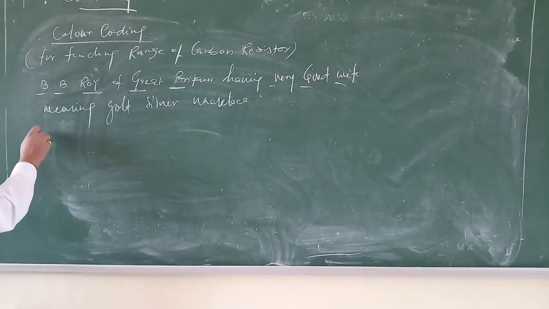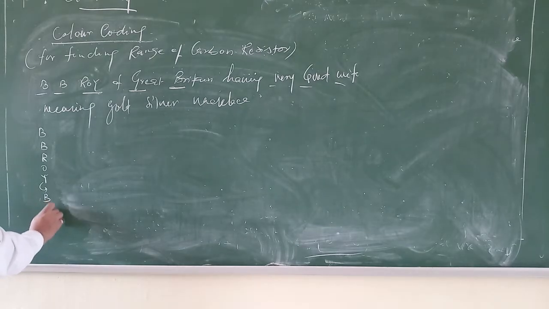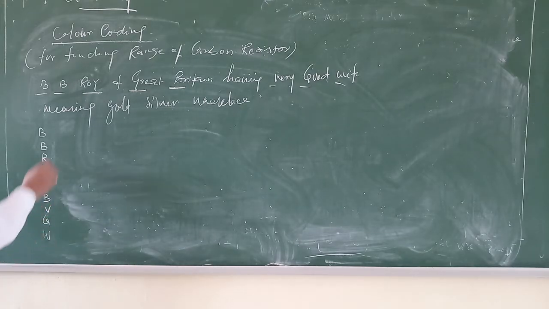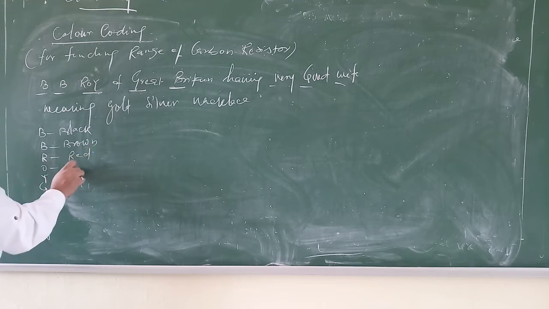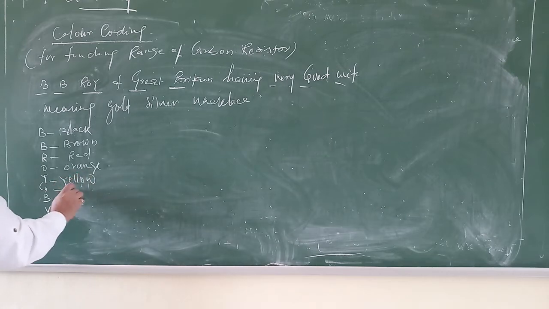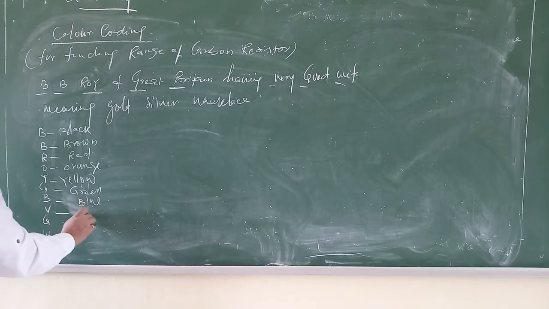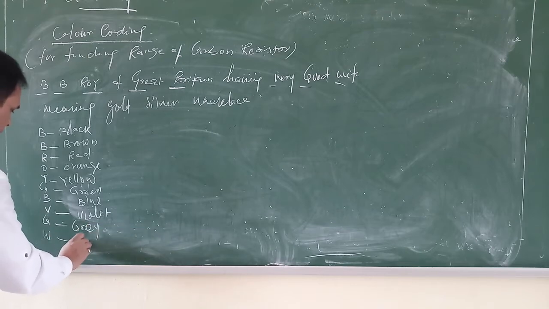B B Roy, Great Britain having very good wife. So B represents the black color, this is brown color, this is red color, this is orange color, this is yellow color, then green, then blue, then violet, then gray, and then white.